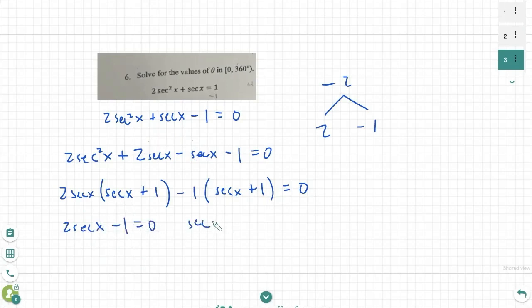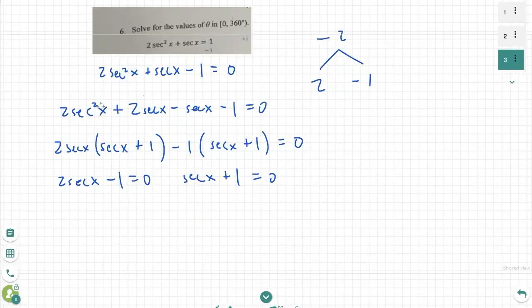Okay, yeah. Then you have secant x equals -1, and secant is 1 over cosine, so that equals -1 for cosine. Okay.